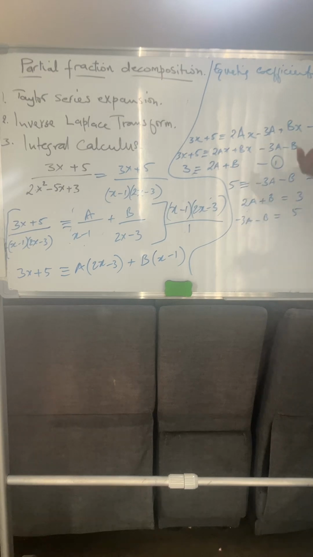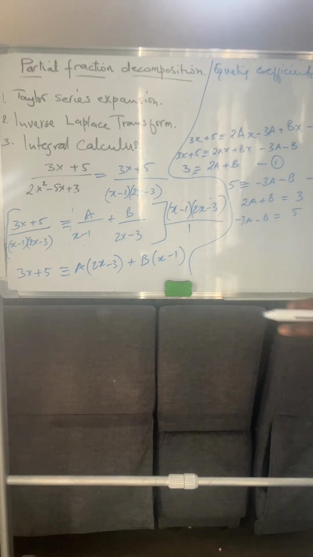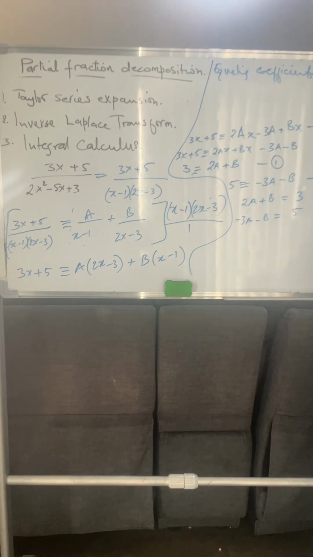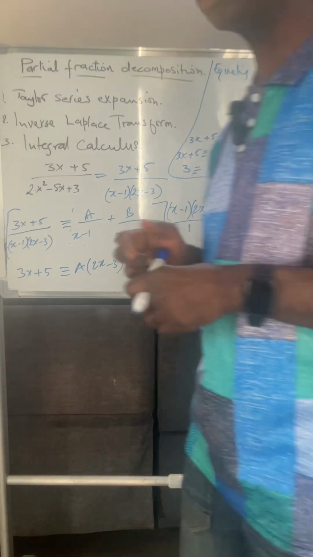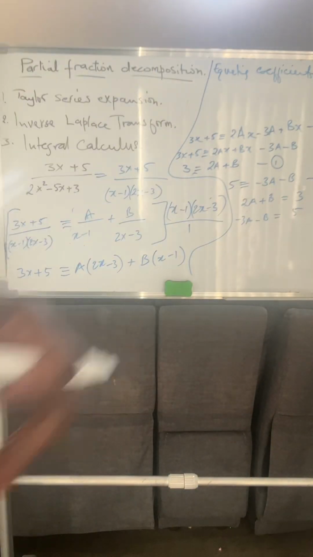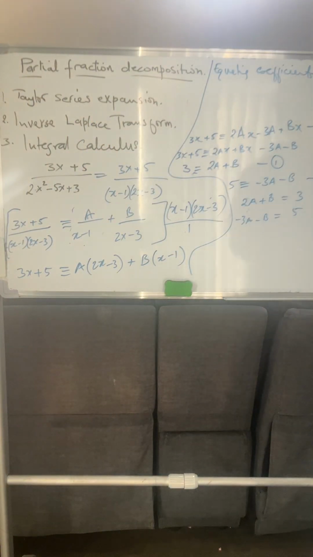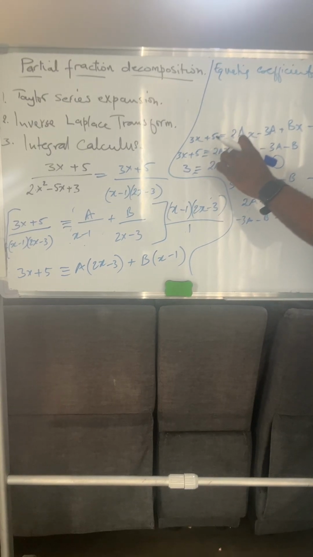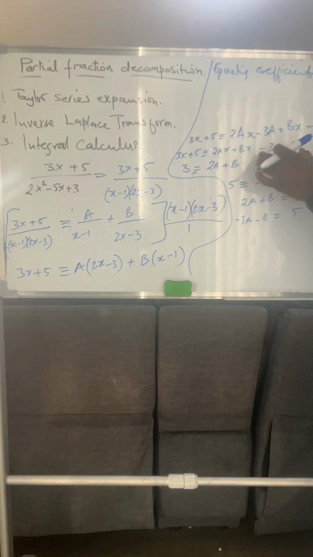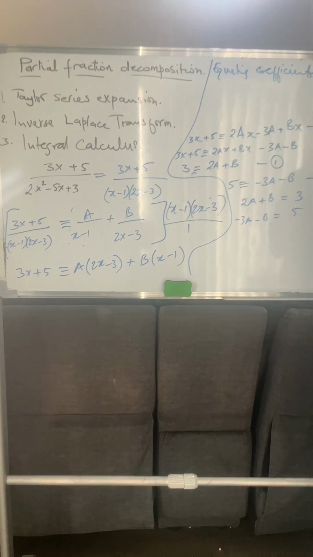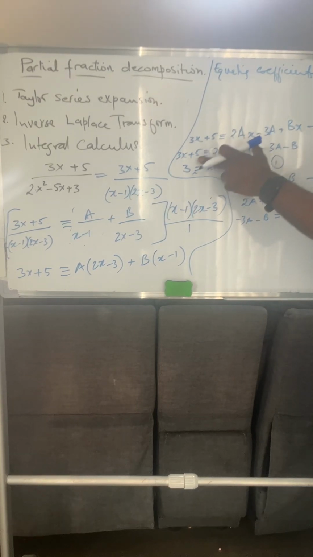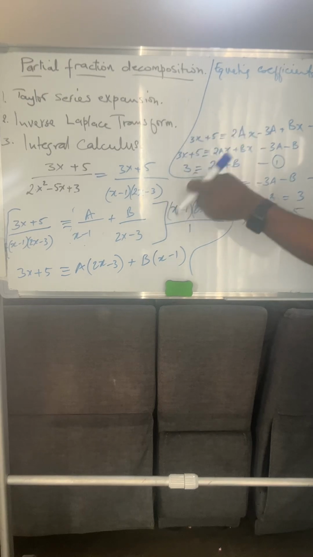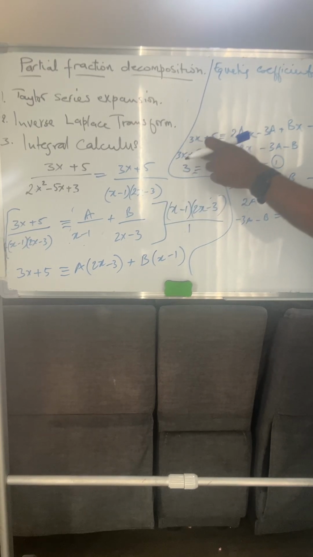So you can use your knowledge in solving simultaneous equations to solve this problem. Here, whatever has x, equate it to what has x on the other side of the equation. What is ordinary here, we call it constant. There is nothing on it, it's just a number 5.